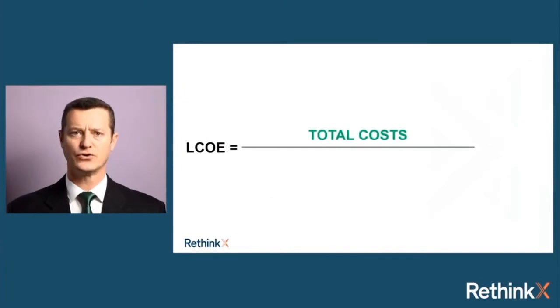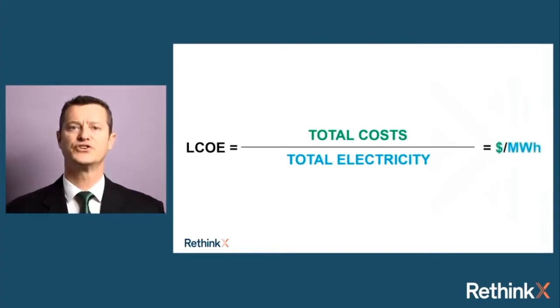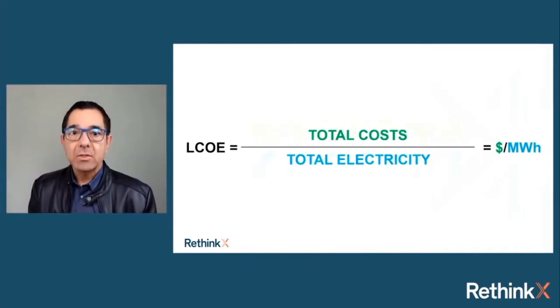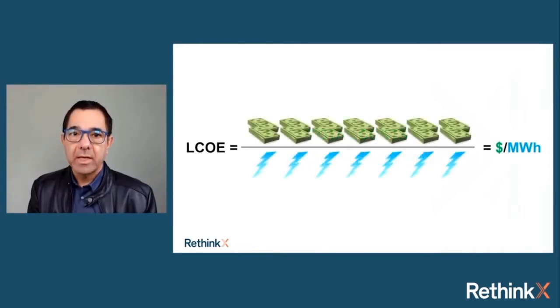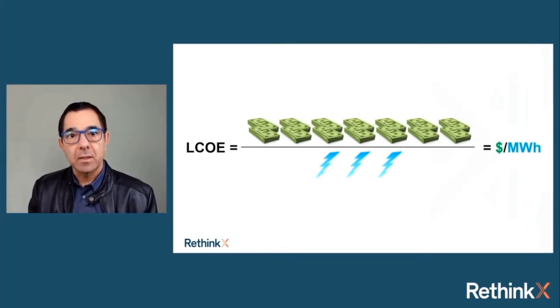LCOE averages the total costs that a new power plant will incur during its financial lifetime, divided by the total amount of electricity that the plant will generate and sell during that same period. This gives a cost per unit of energy, usually dollars per megawatt hour or per kilowatt hour, that regulators, investors, and other decision makers can use to compare different technology options. As you might imagine, the calculation is very sensitive to the amount of electricity you assume that the plant can generate and sell.